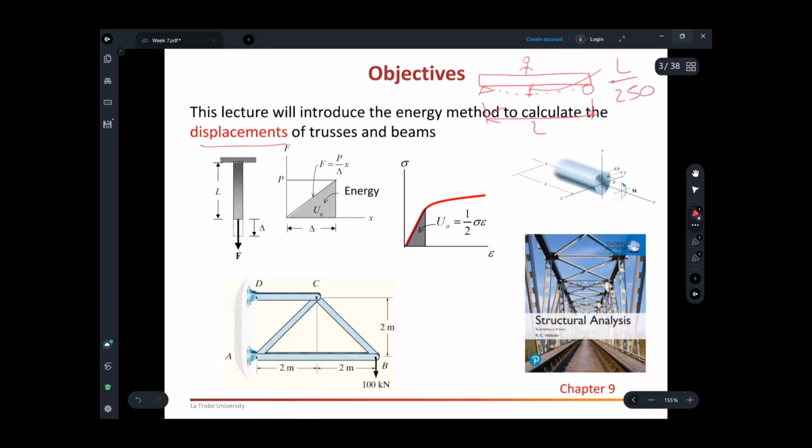If delta is less than L over 250, then we are okay. Our users are okay. So that's how we use it. Our job right now is to calculate this displacement in the structures. Next semester, we're going to compare this displacement with the Australian standards to make sure that our structures are serviceable. So that's where we are standing right now.